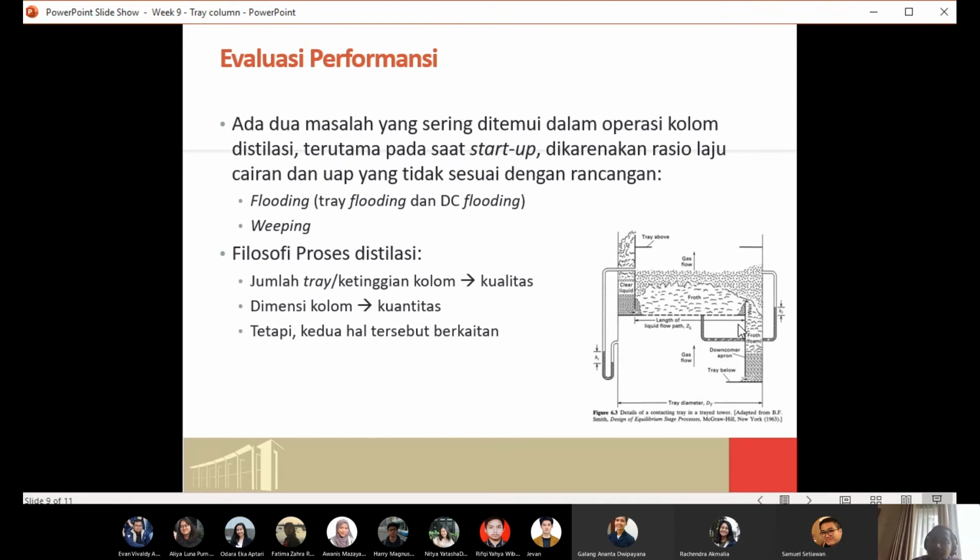But in the case of downcomer flooding, the liquid level inside this downcomer will be higher than that value, higher than 80% or 70%. It is similar to tray flooding. There will be an accumulation of liquid inside the downcomers, which means the liquid here will be higher than the weir.